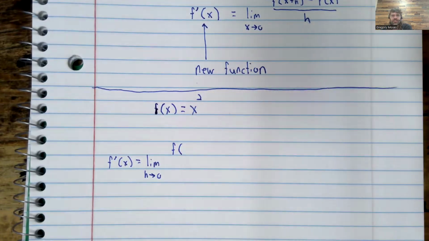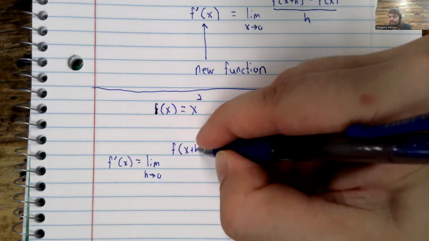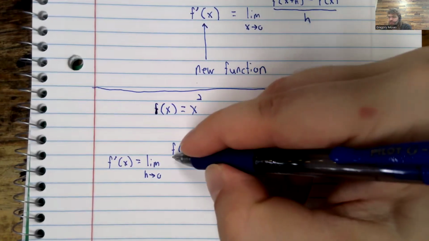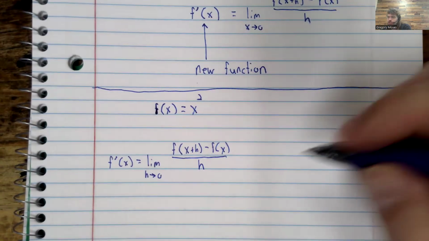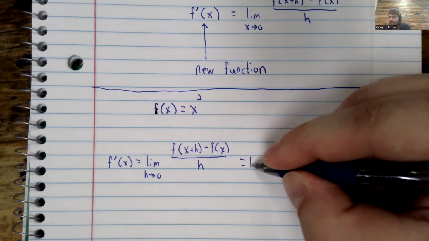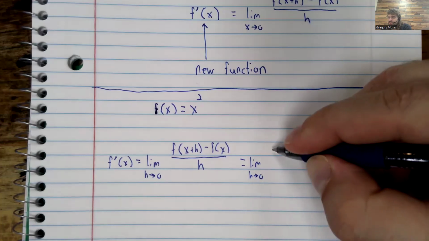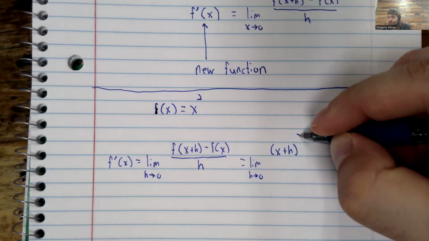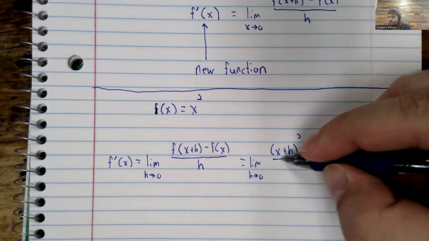The limit as h approaches 0 of f of x plus h minus f of x, all divided by h. And because it's so similar to something we've done before, I won't dwell on it.